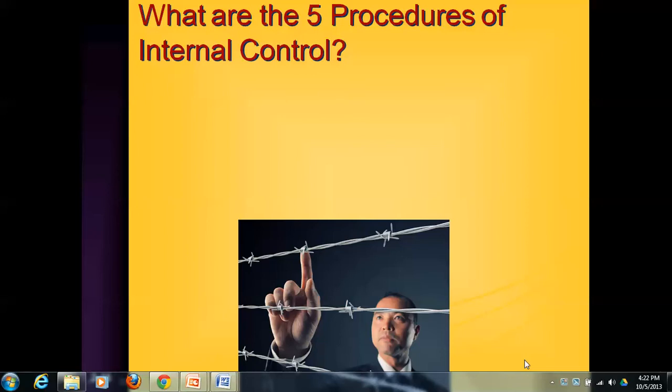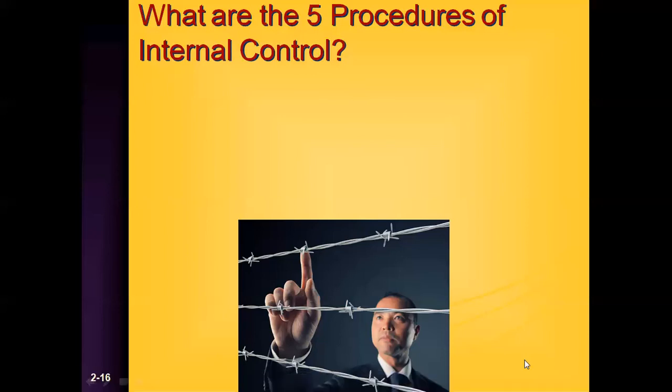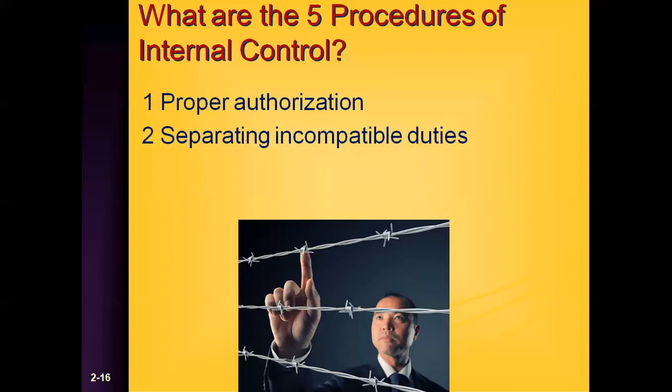Internal controls are very important. In this particular area, we're going to talk about the number one procedure, which is proper authorization, meaning that to do certain jobs in the company, you have to be properly authorized. Second is separating incompatible duties.